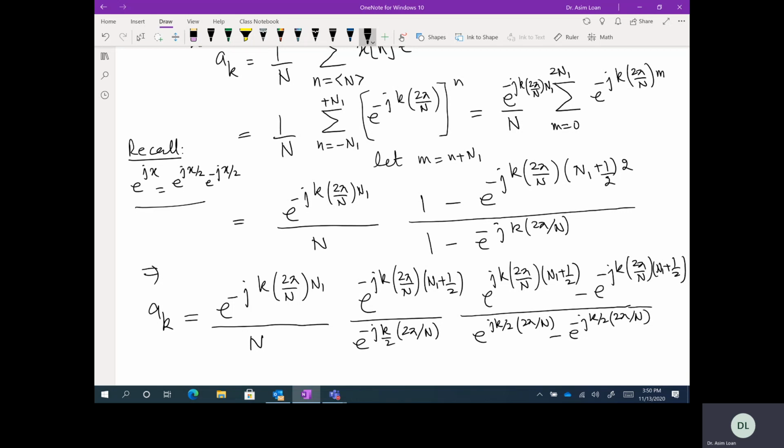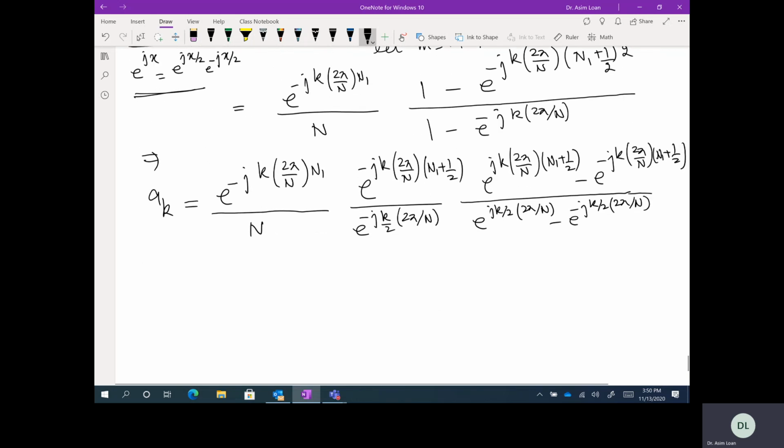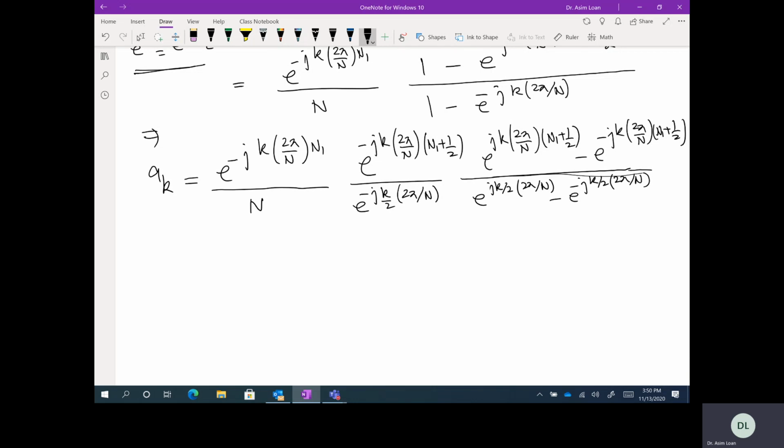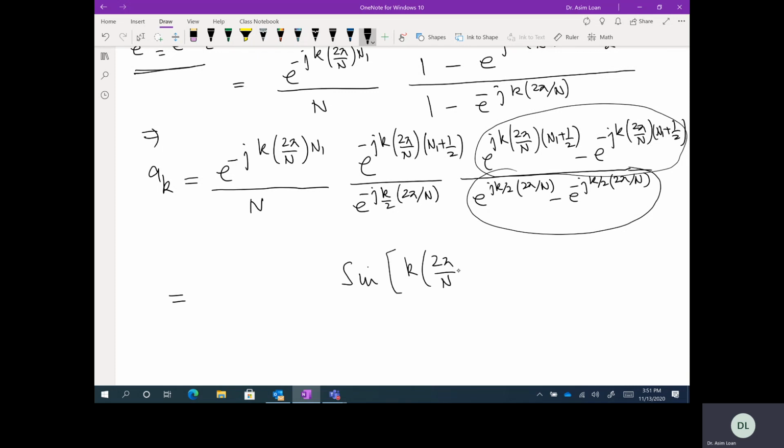Again, same trick over here. So now I can see this is a sine, this is also a sine. So I can write this as sine of k 2 pi by n into n1 plus half, divided by sine of pi k by n, with the 2 canceling.